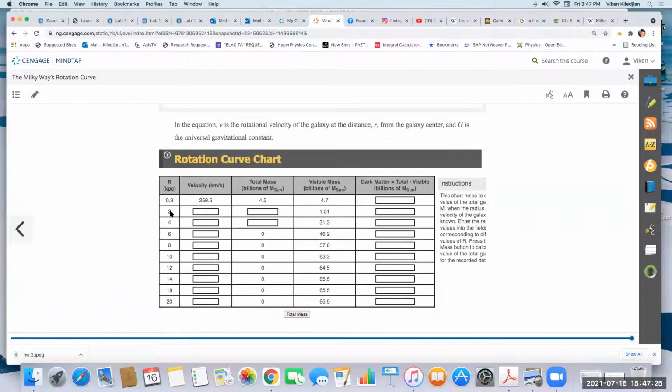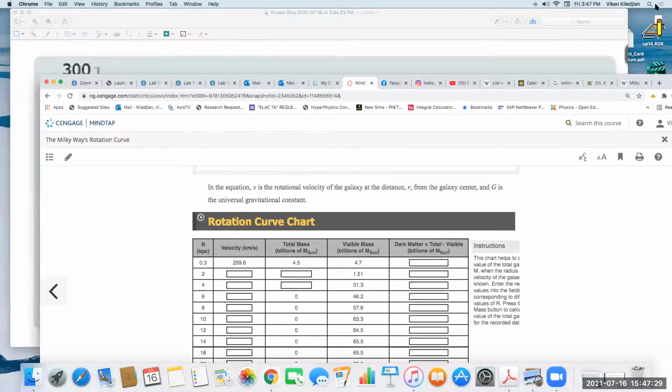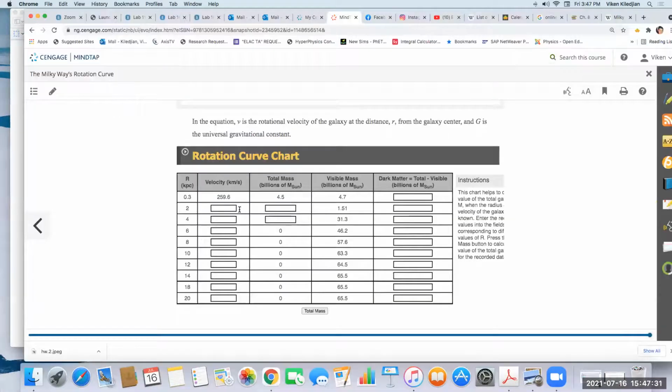Let's say 2 kiloparsecs. So what I would do is probably take 5 pictures of random ones out of these, 1, 2, 3, 4, 5, 6, 7, 8, 9, and see how you are getting the velocity of that.